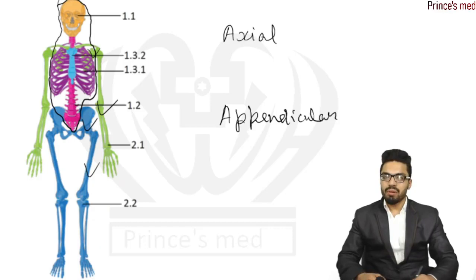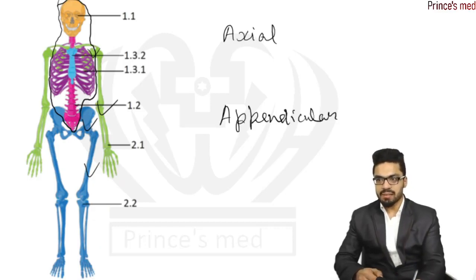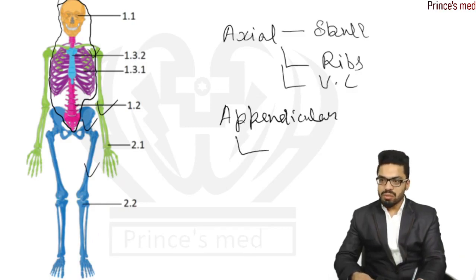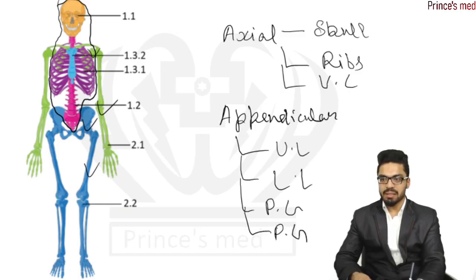First, what comes in the axial skeleton: the skull, then ribs, then the vertebral column. Next is our appendicular skeleton. It is composed of bones of the upper limb, bones of the lower limb, the upper girdle, that is the pectoral girdle, and the lower girdle, that is the pelvic girdle.